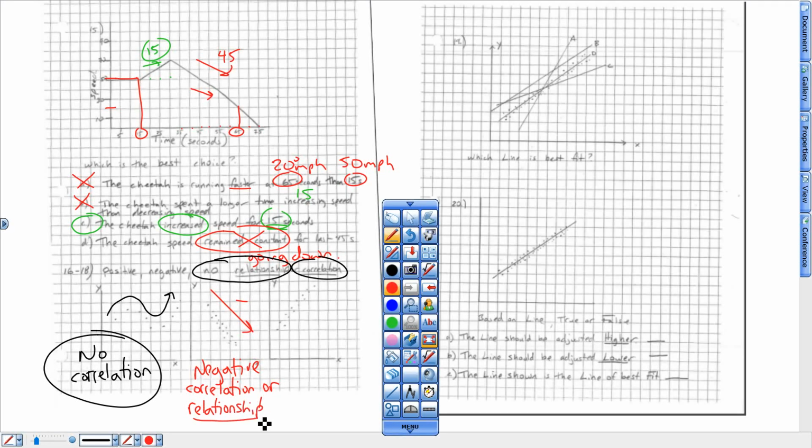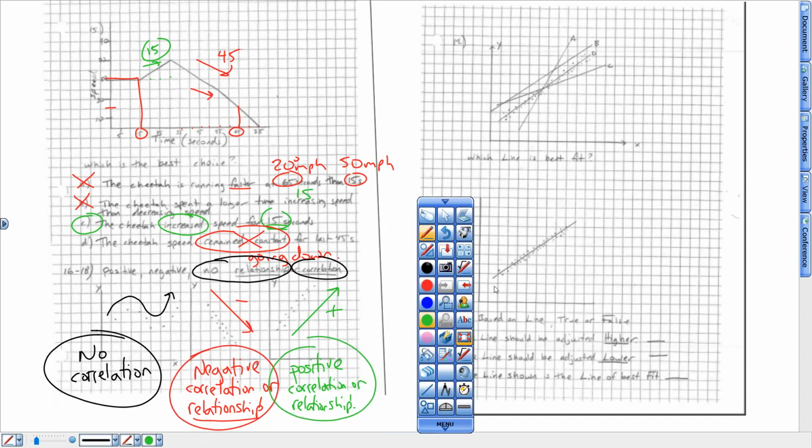And then this one right here, clearly going uphill. All right, so there we go. Negative, just like negative slope. Positive, just like positive slope line.